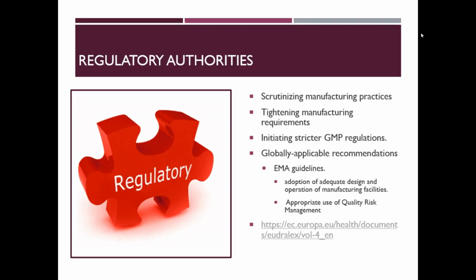The EMA have introduced changes to the regulations, including new points and principles to several chapters and sections. The link is there, again, included in the supplementary material. Please take a read of that when you can. The regulatory authorities request adoption of adequate design and operation of manufacturing facilities. Appropriate use of quality risk management, it comes up again, appropriate use of QRM principles is also necessary in order to assess and control the cross-contamination risk that manufactured drugs may actually pose.